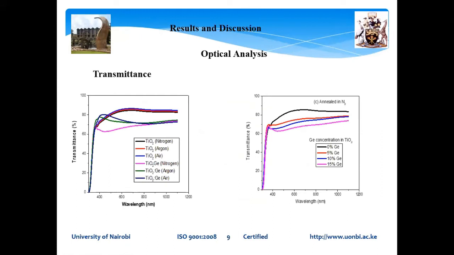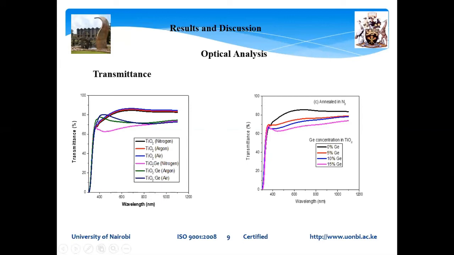Looking at our results, these are the transmittance spectra for pure TiO2, the first 3. And then down here we have other graphs, 3 of them, for TiO2 germanium, ratio 85:15, annealed in 3 different atmospheres, that is nitrogen, argon, and air.